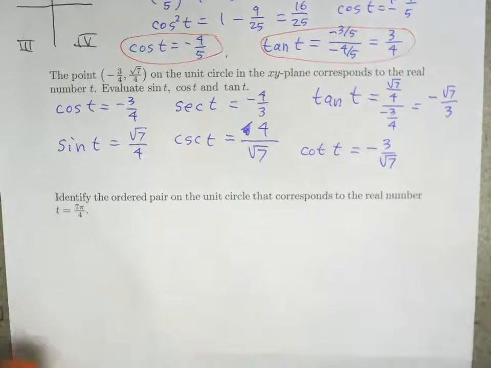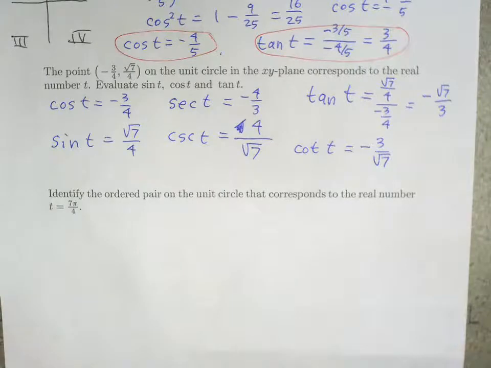Okay, the next problem, identify the ordered pair on the unit circle that corresponds to the real number t equals 7π/4.